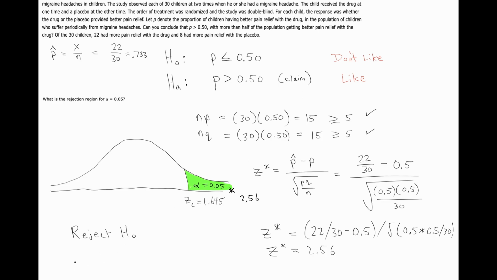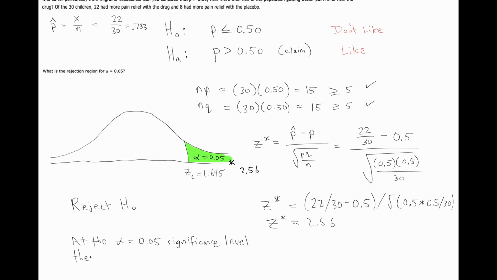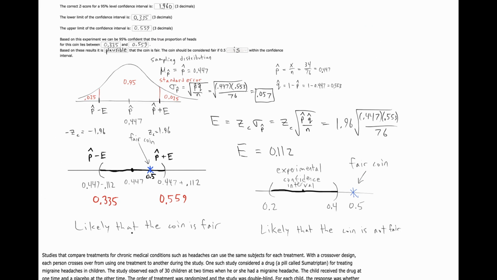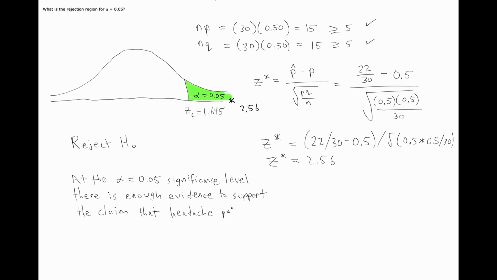So when it comes to the claim, I will say at the alpha equals 0.05 significance level, there is enough evidence to support the claim that headache patients receive greater pain relief with the drug than placebo.